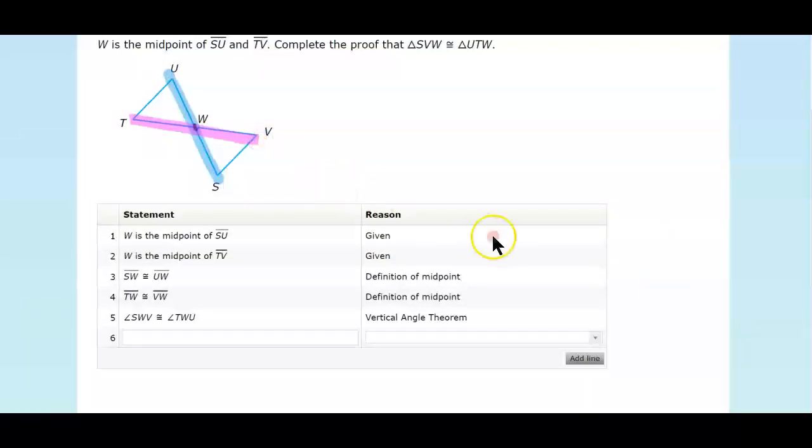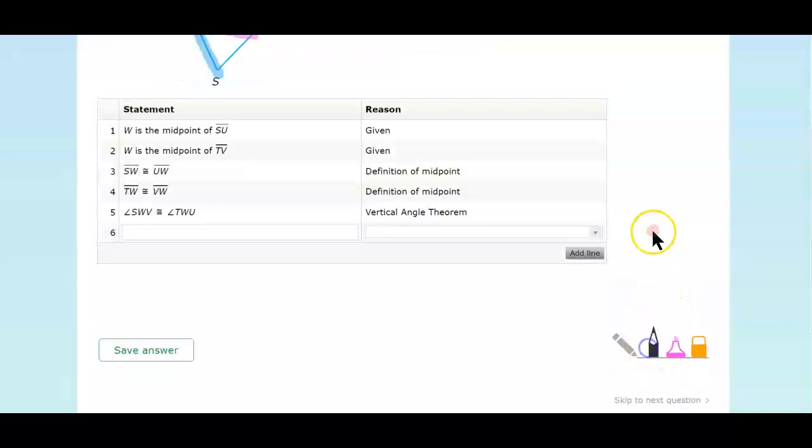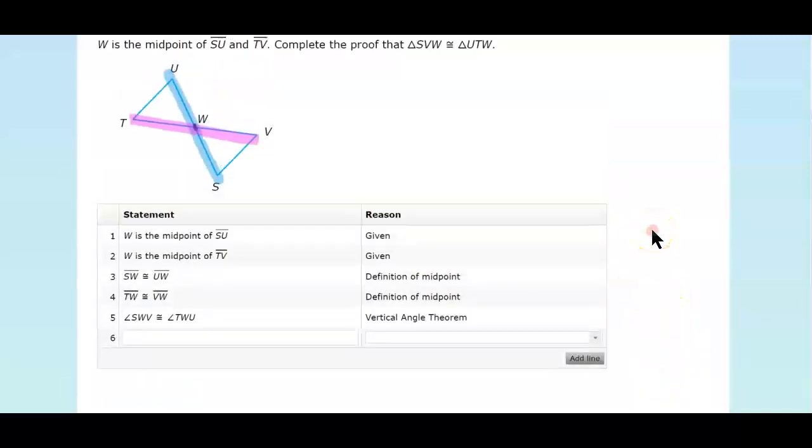Also given. SW is congruent to UW because of definition of midpoint, and TW is congruent to VW because of definition of midpoint.